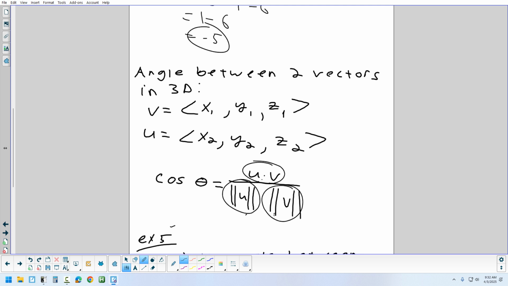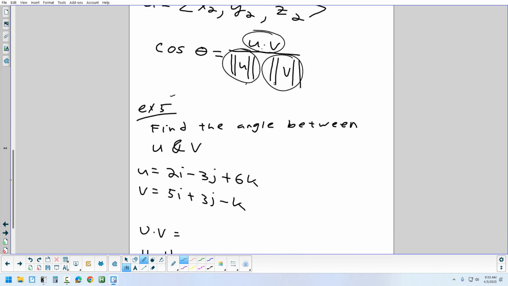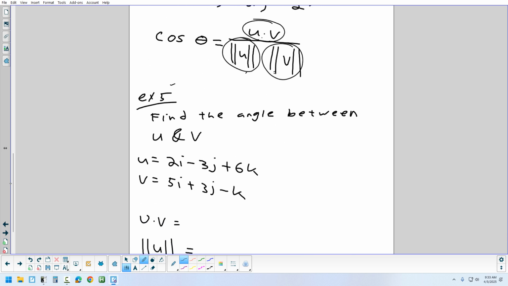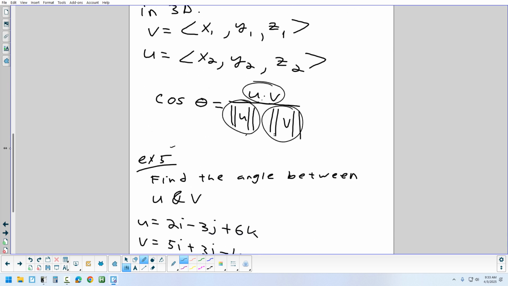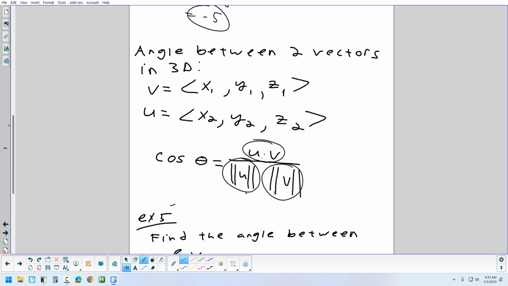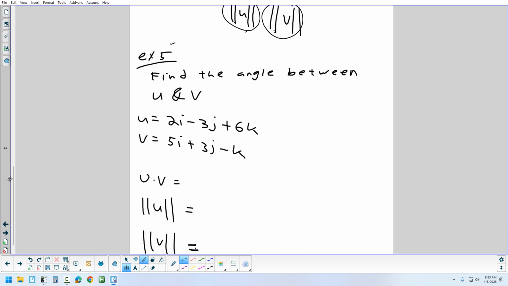Okay, so in 3D, when you're finding the angle between two vectors, it's just like 2D, except now your angle can come up off the board, but you're still finding that same angle between the two vectors. Now, I'm going to use the vectors we already had because we already know the dot product. 2, -3, 6, and 5, 3, -1. Yep. So the dot product is -5.